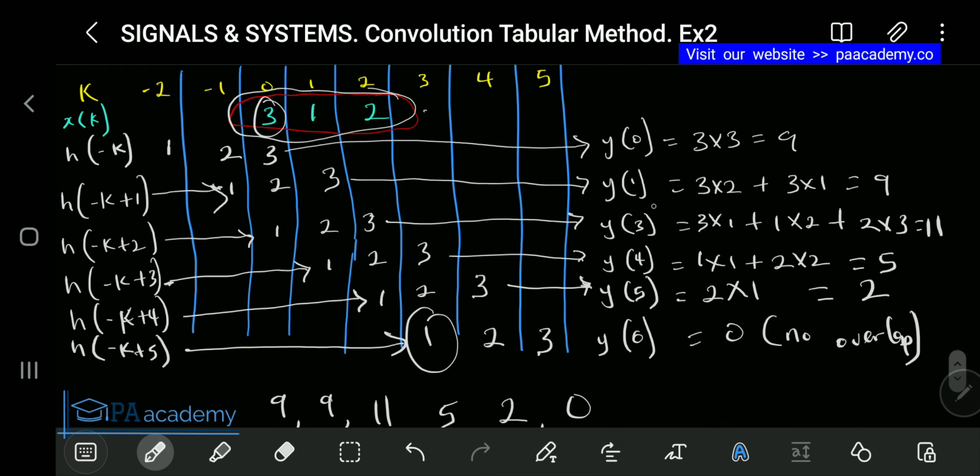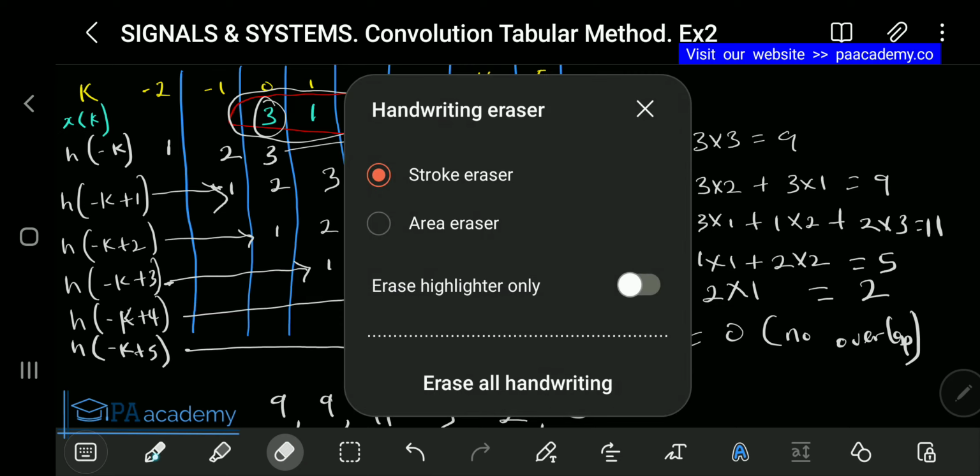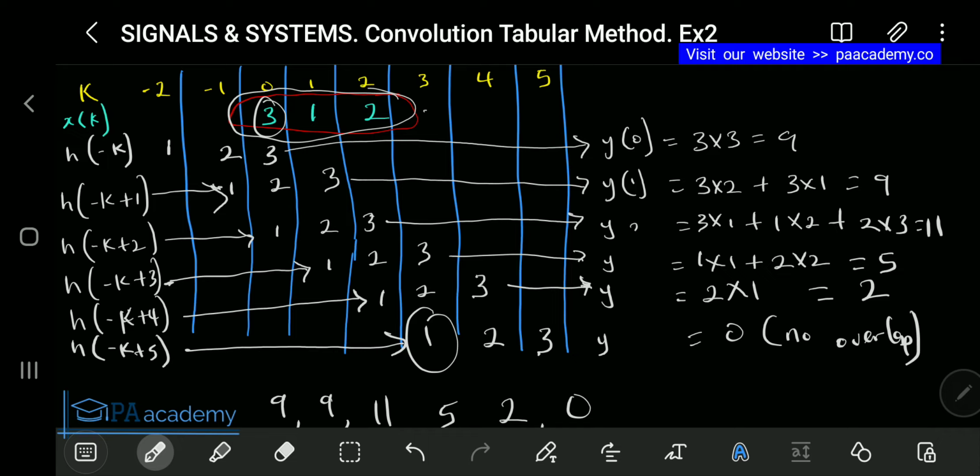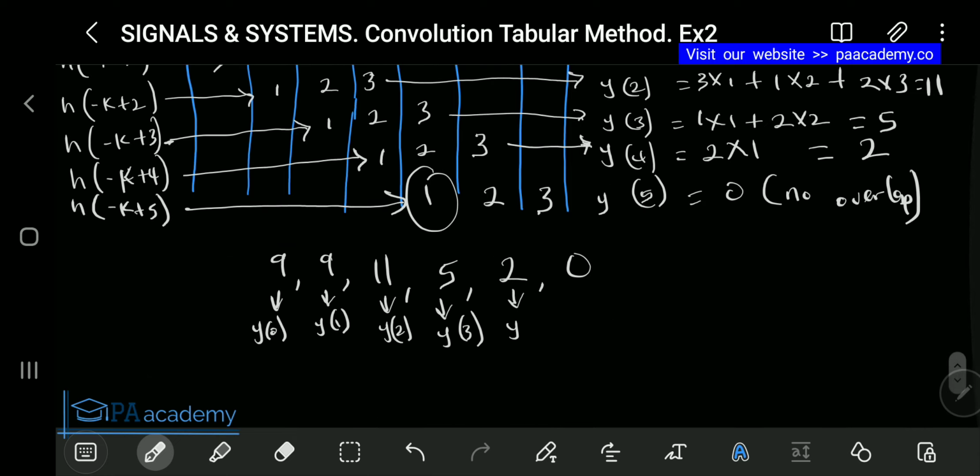Oh, there's a mistake somewhere in this. So this should be 2, 3, 4, and then 5. Let me quickly correct this. So this is y of 2, 3, 4, and then 5. Okay, so this will be 4, and then this is 5.